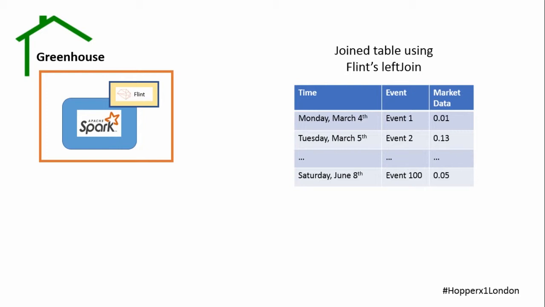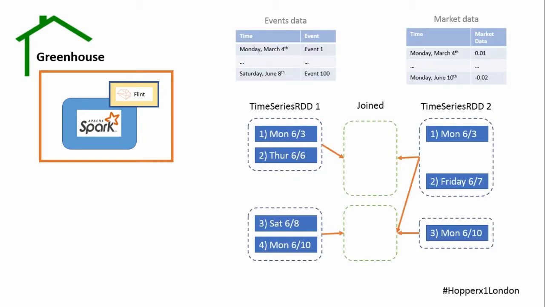Under the hood in Spark, the data is stored in Flint time series RDDs, which are partitioned by time and distributed across the Spark executors, preserving time order. So in this illustration, we have two data partitions in our left table and two data partitions in our right table. Flint then constructs a directed acyclic graph that maps these data partitions based on which partitions would be needed to join together.